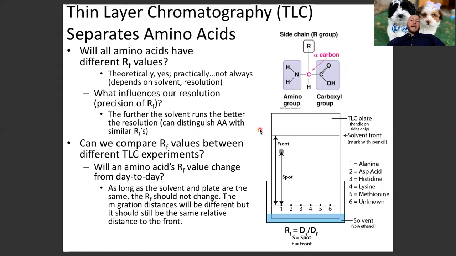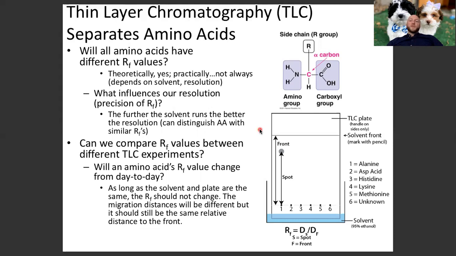What happens in lab, though, is sometimes amino acids are really similar. They're only one carbon different. And what can happen is we don't let the process go on for long enough. And so it appears that two amino acids have the same RF value, when in reality, their RF values might be 0.001 different.